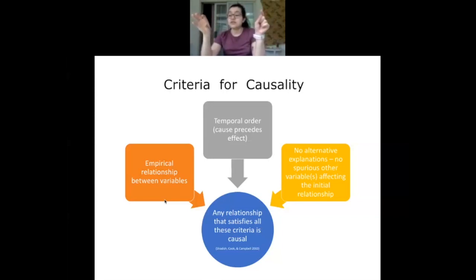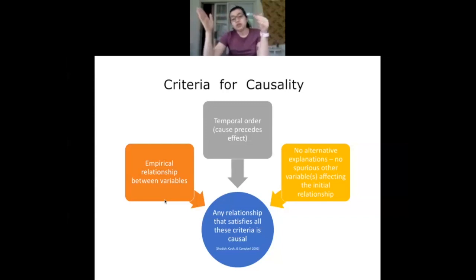And in order for you to say that the line comes from the independent variable to the dependent variable, your time also needs to be reflecting that as well. Because if you measured your dependent variable first and then your independent variable, then the line is in reverse of what you're actually saying. And there needs to be no alternative explanations or other variables in that relationship.